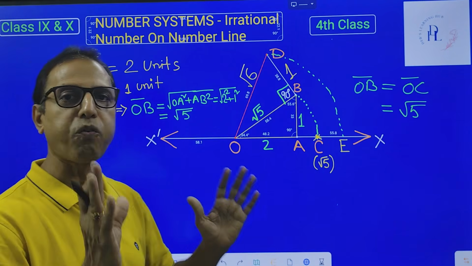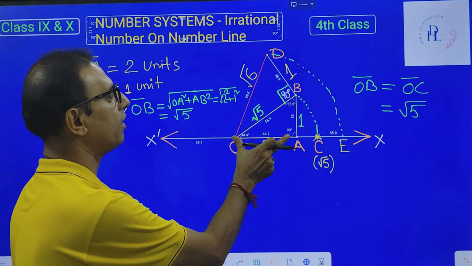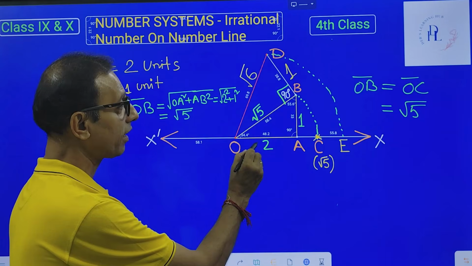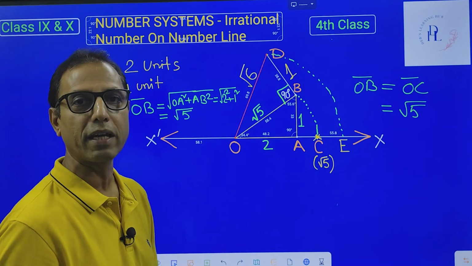So ये root 5 irrational number है. तो क्या हम लोग क्या किया है? पहले जो बेस है वो बेस को हम लोग ड्रॉ किया है, लेकिन कैसे आपको पता चलेगा जो रूट 5 जो है उसको 2 और 1 में ब्रेक करोगे?